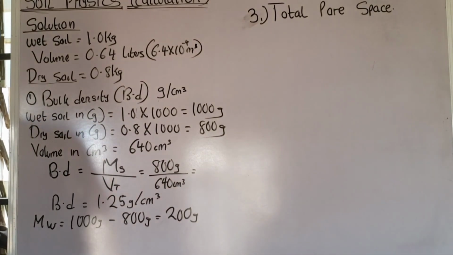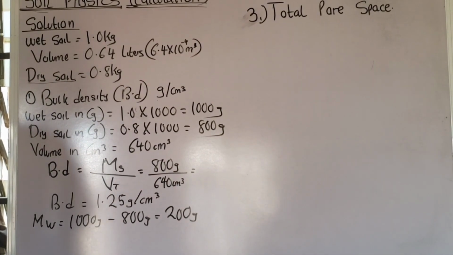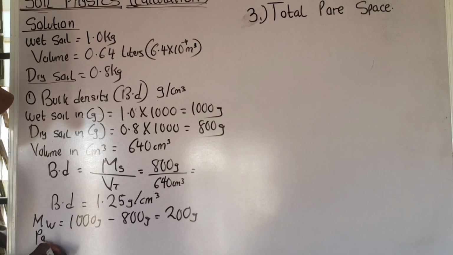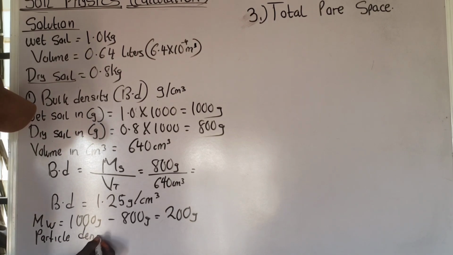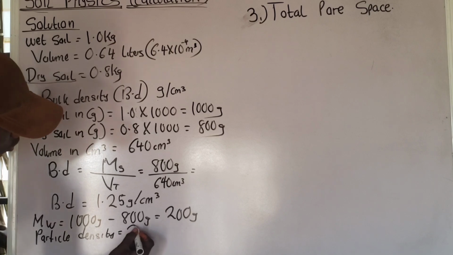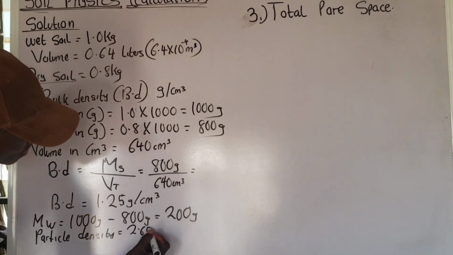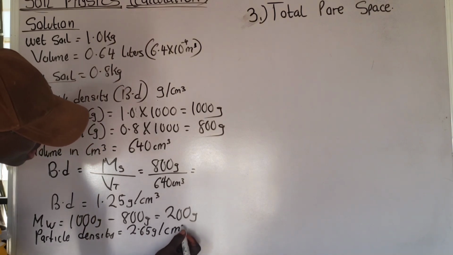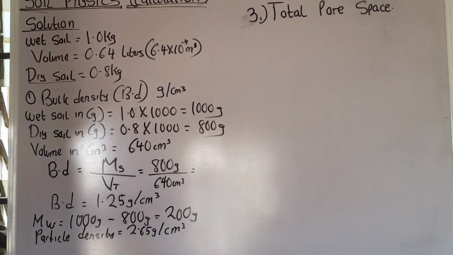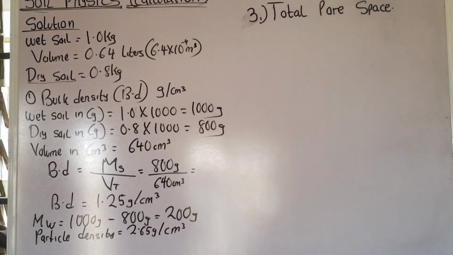Don't forget that we are given that the particle density equals 2.65 gram per centimeter cube. The particle density, let me just put it here, equals 2.65 gram per centimeter cube. Just pay attention, you're going to understand.